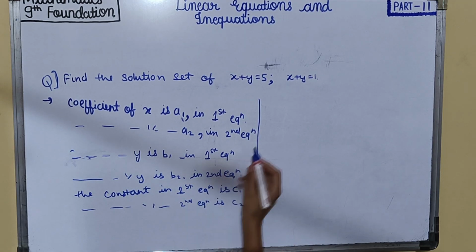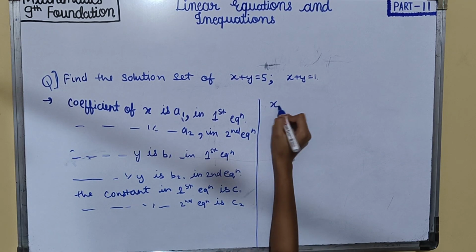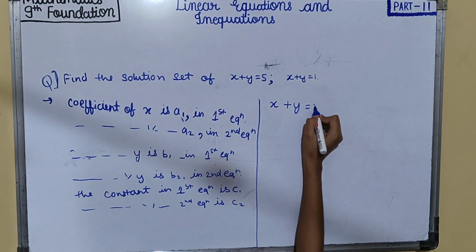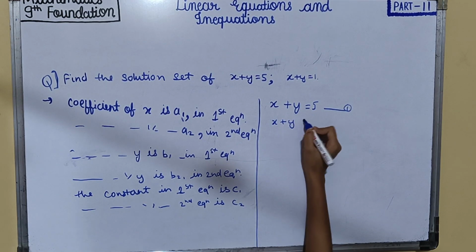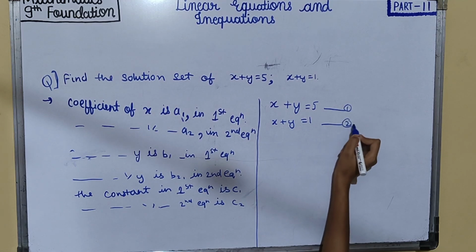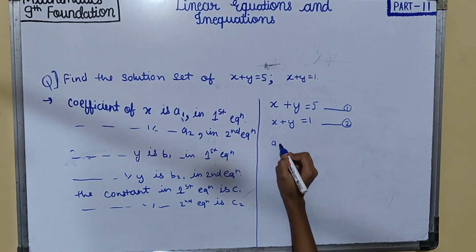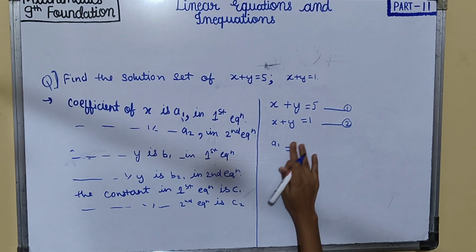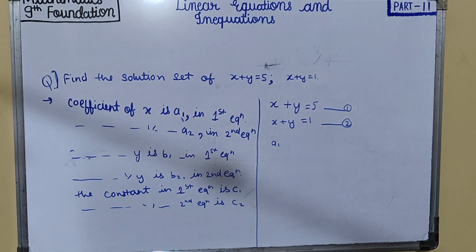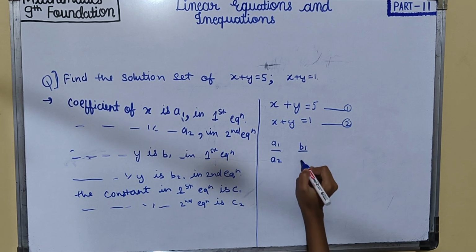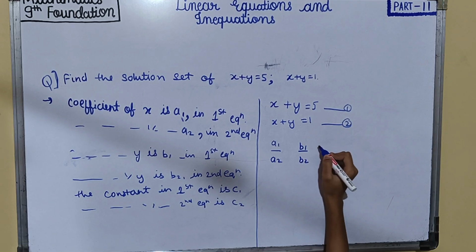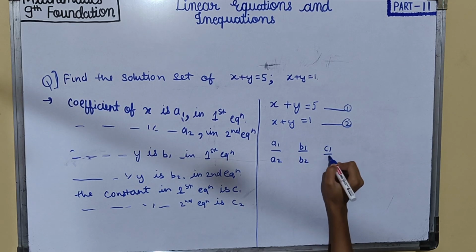Our first equation was x plus y is equal to 5, and the second was x plus y is equal to 1. Now, we'll not put the equal sign yet. First we'll form the ratios, solve them, and then consider which condition is suitable: a1 upon a2, b1 upon b2, c1 upon c2.